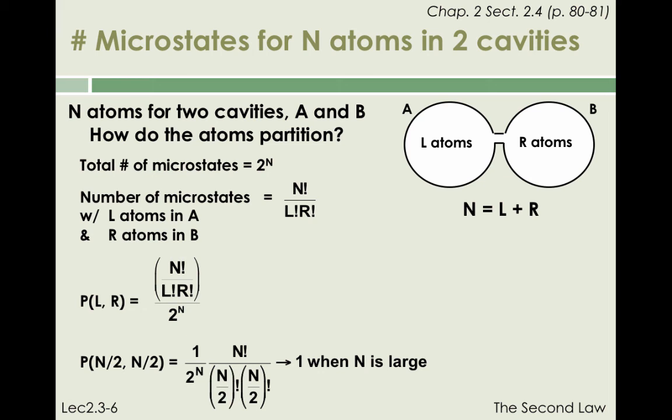With a little more math, we can show that this number approaches 1 when n is large enough. For macroscopic samples of gas, where the number of molecules is on the order of Avogadro's number, n is certainly large enough for this result to be correct.